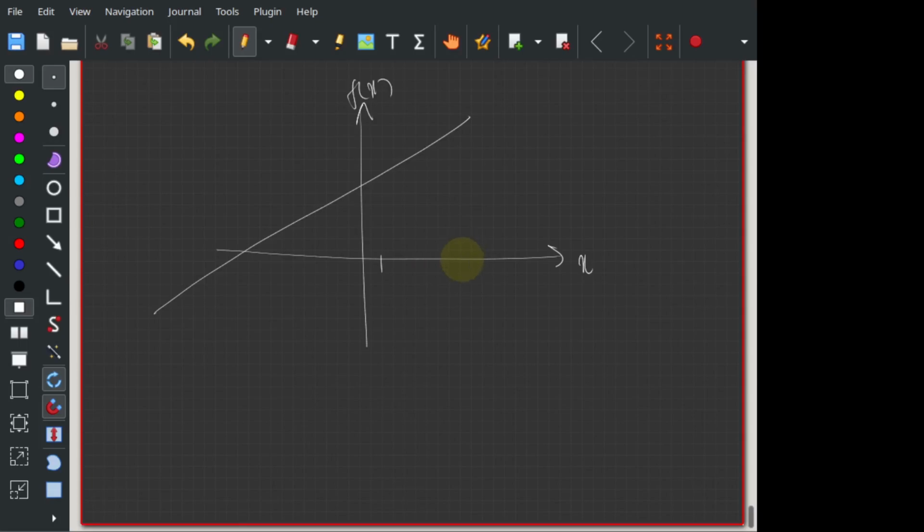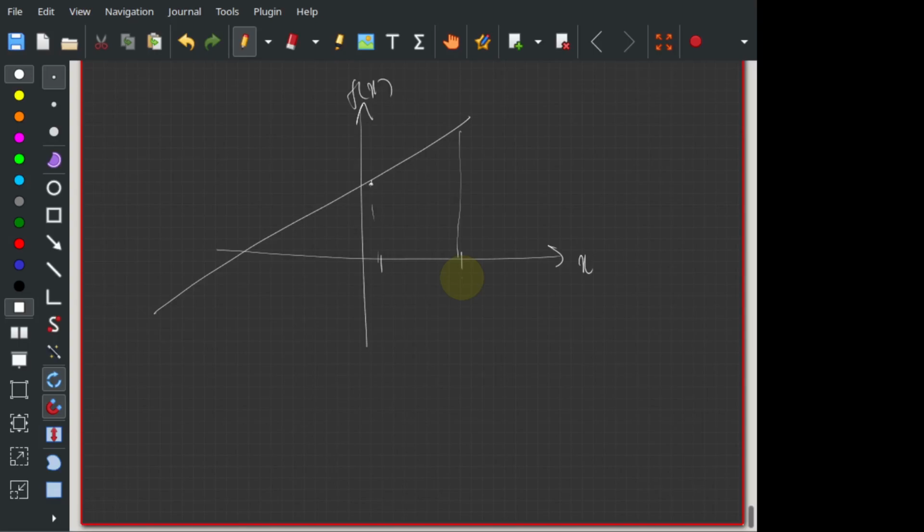So maybe I'm trying to minimize this function over this particular interval. Now in this case, can the minimum point be in the interior of this interval? No, right? It's always at one edge. No matter what linear function you take, the minimum will always be achieved at one of these two boundary points.